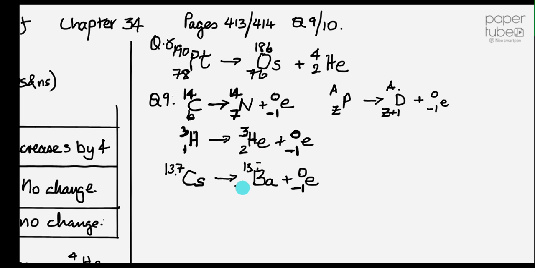Now it tells me the bottom number of the barium in the book is 56, so that's 56 take away 1, that has to be 55.